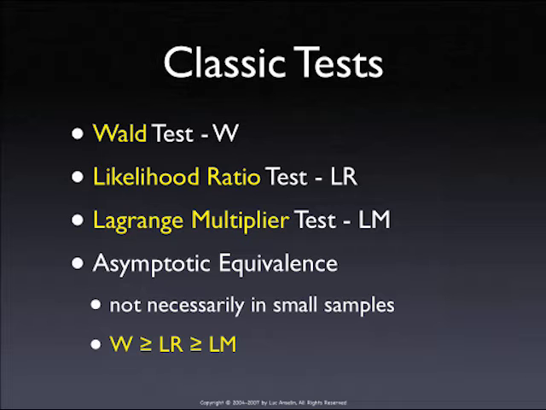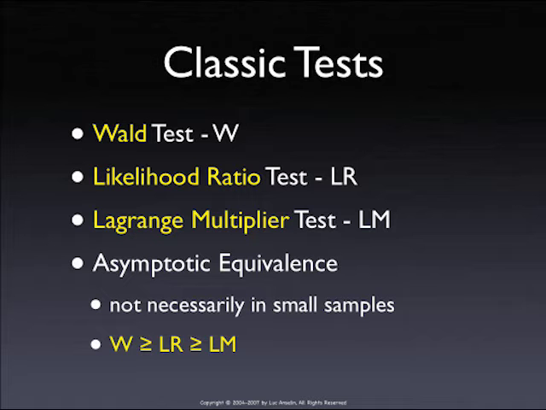What does this mean? It means that there is a possible situation that you reject the null using the Wald or asymptotic t-test, and you would not reject the null using a Lagrange multiplier test. At the margin, you could have a situation that the p-value for your asymptotic t-test, say, is 0.05, and for your Lagrange multiplier test would be 0.07.